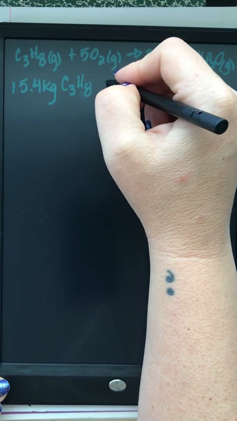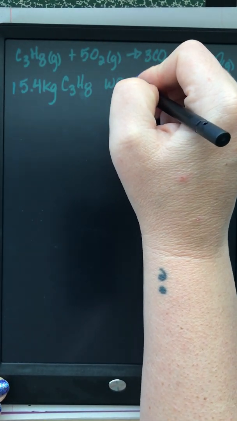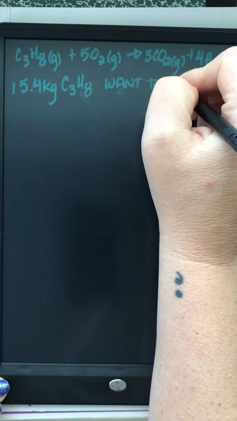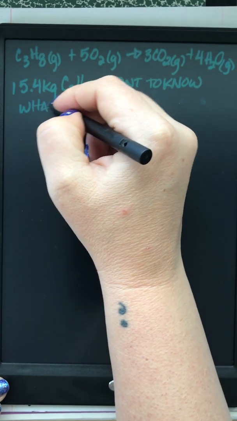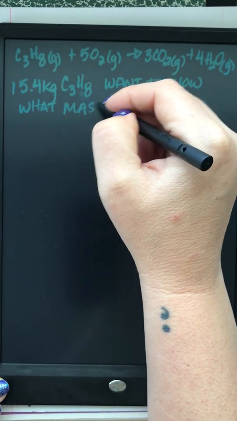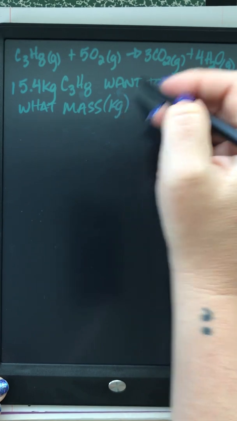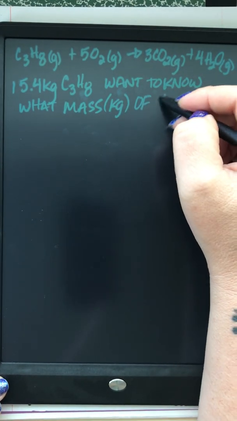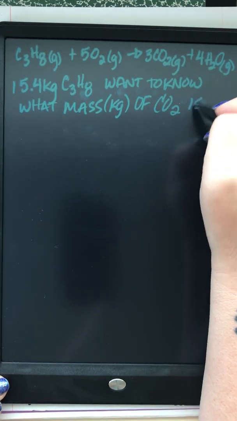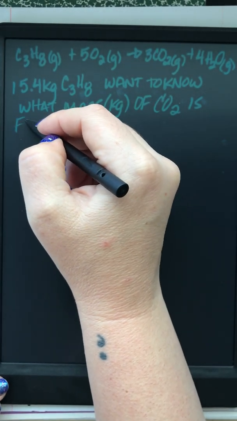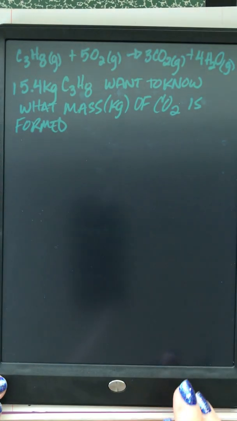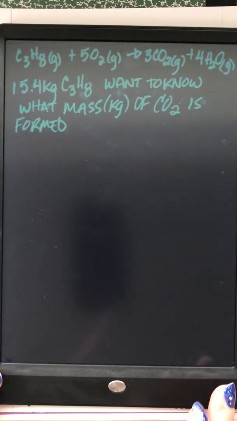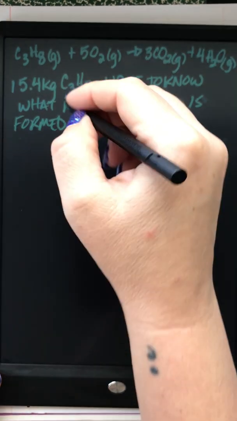And we want to know what mass in kilograms of CO2 is formed. And it says that you can assume that there's excess oxygen from the air, okay?